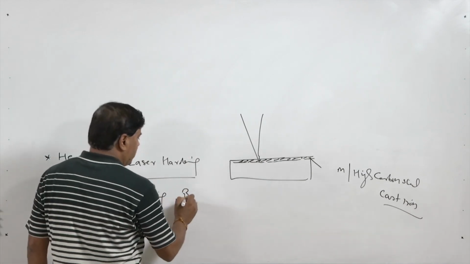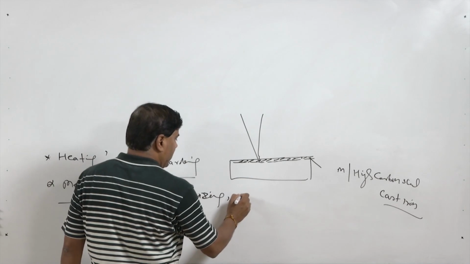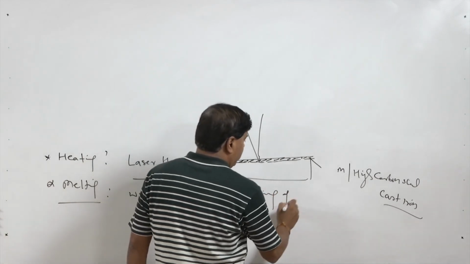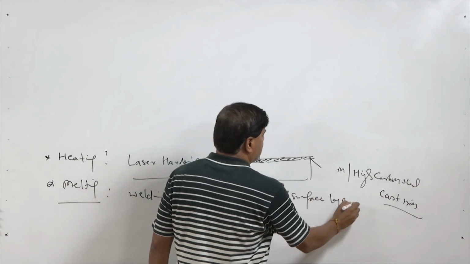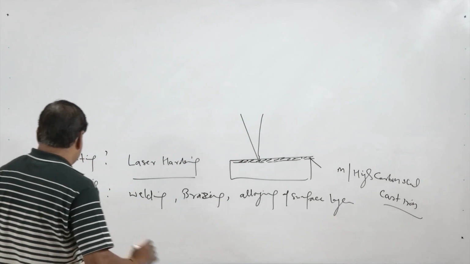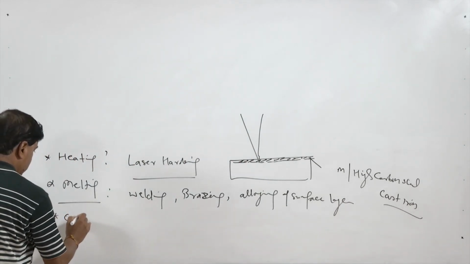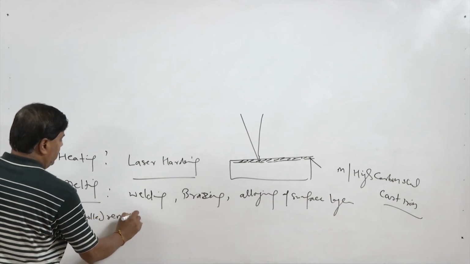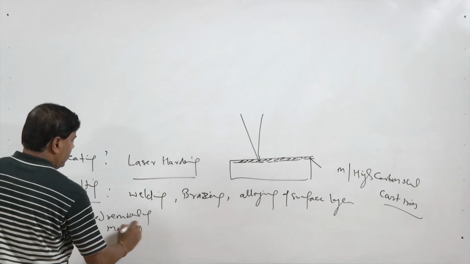It may be used for brazing, for alloying of the surface layers, and it is also used for controlled removal of the material, which we can call machining.